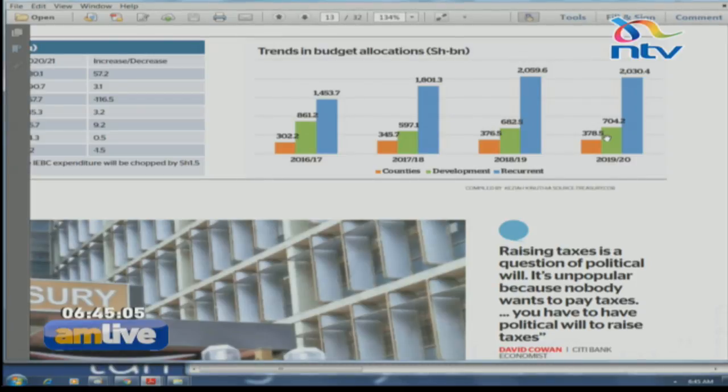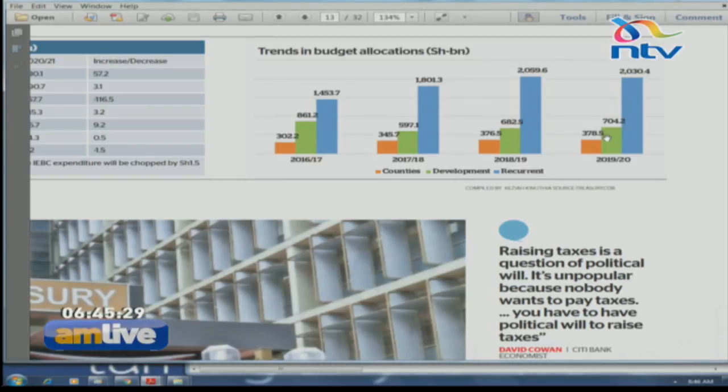See how much we are putting into development over the years. In 2016-17 it was 861. We came down to 597. We are now at 6, and now we're talking about 7. This is where the animal is, because this is not sustainable at all.